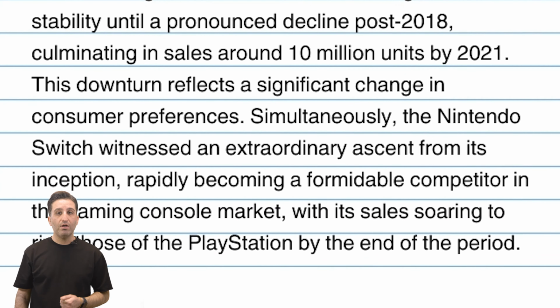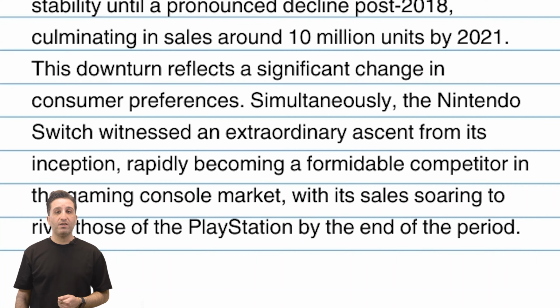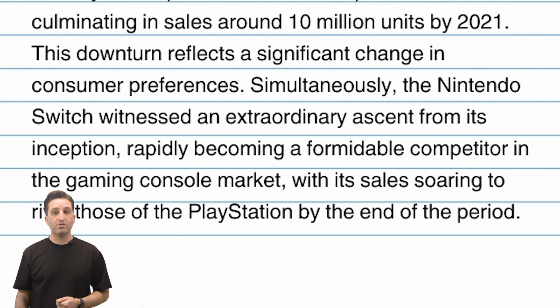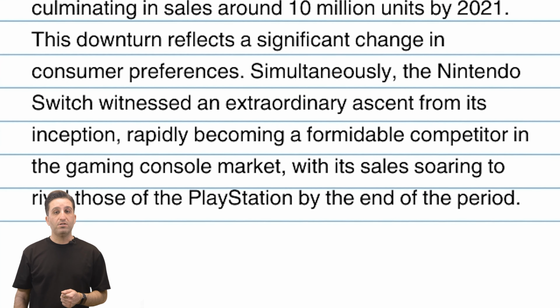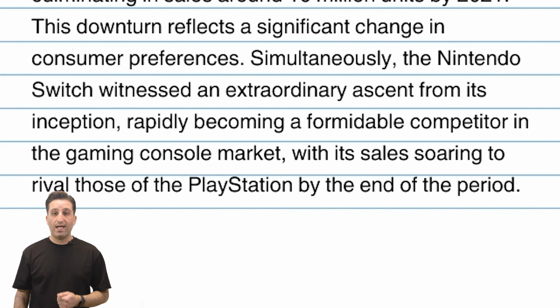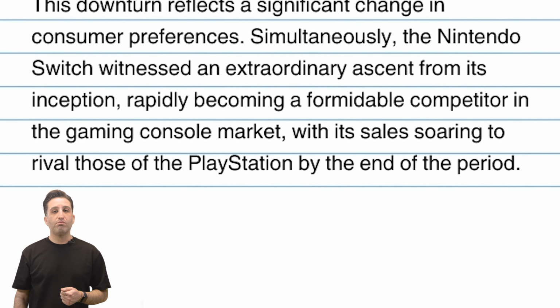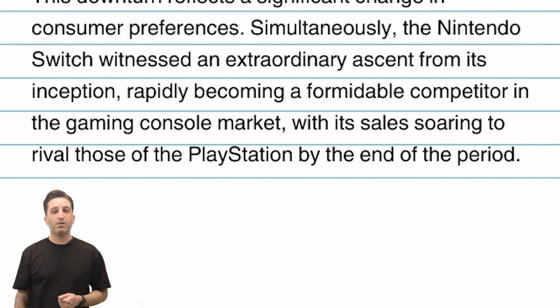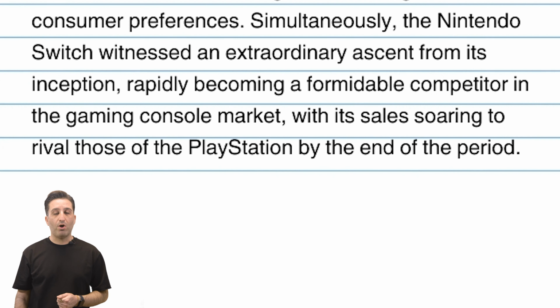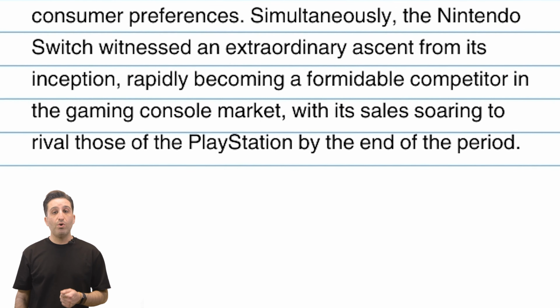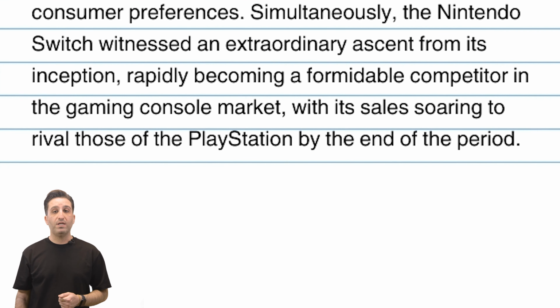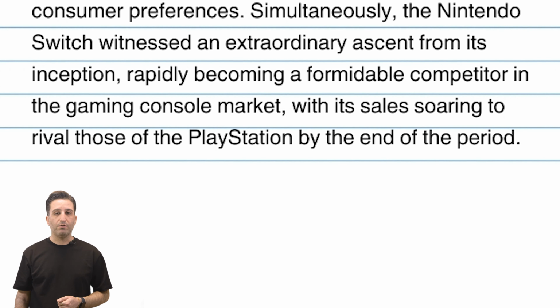This downturn reflects a significant change in consumer preference. Simultaneously, the Nintendo Switch witnessed an extraordinary ascent from its inception, rapidly becoming a formidable competitor in the gaming console market, with its sales soaring to rival those of PlayStation by the end of the period.